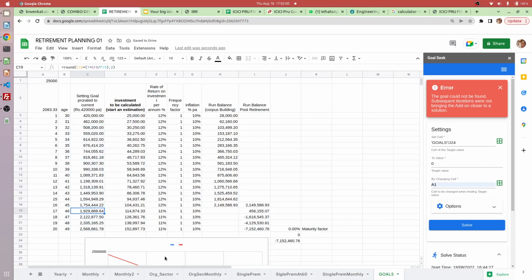Let us see, at the 17th year we require 19.29 lakhs. The college fees would be 19.29 lakhs when the child is coming to college. The investment rate required is the same as round off A1, 2.